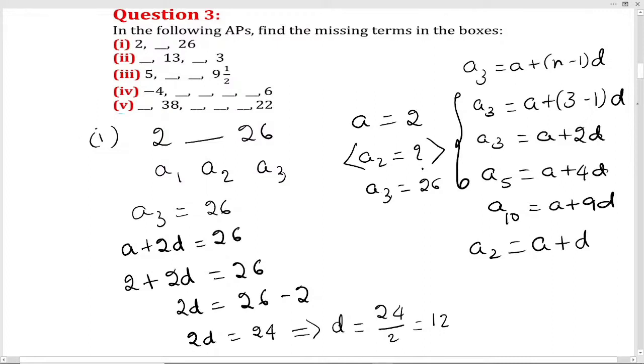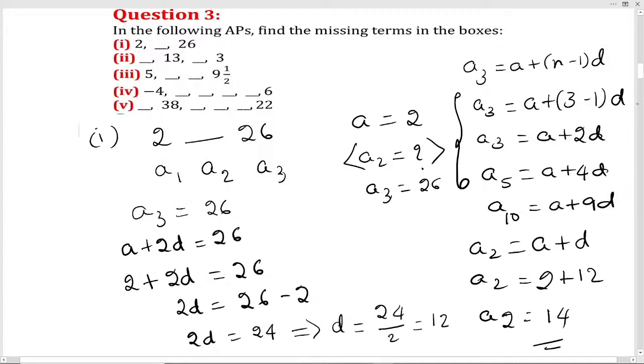They have given A but they have not given D. So by using this data, I have identified D. So A2 equals A, which is 2, plus D. D is 12. So 12 plus 2 is 14. So the answer will be 14.